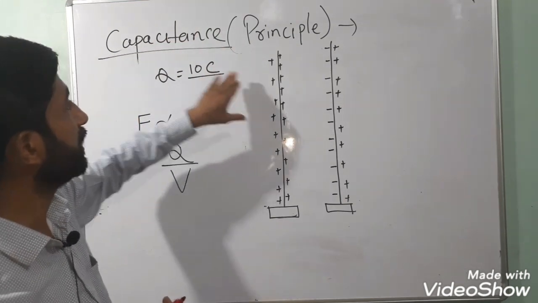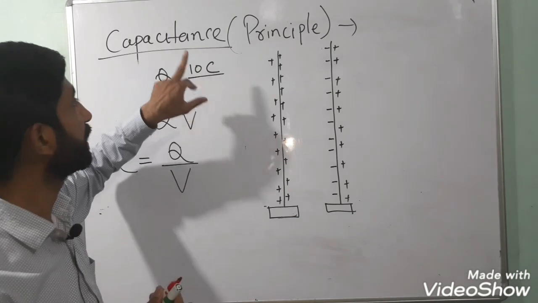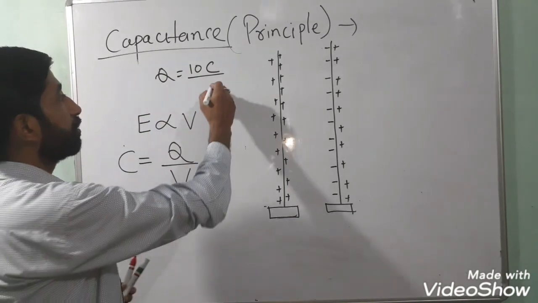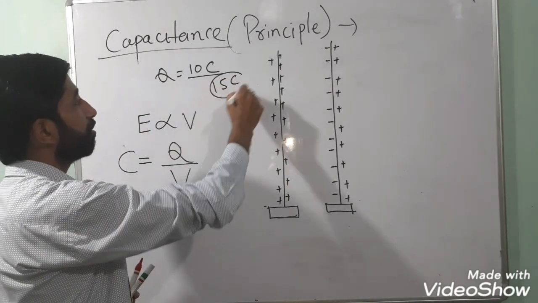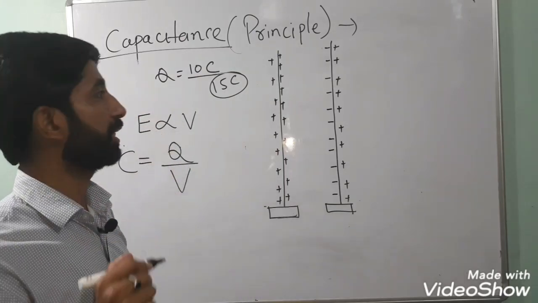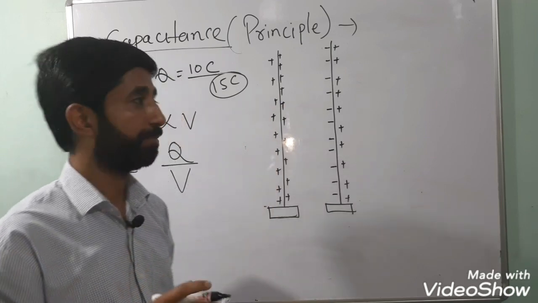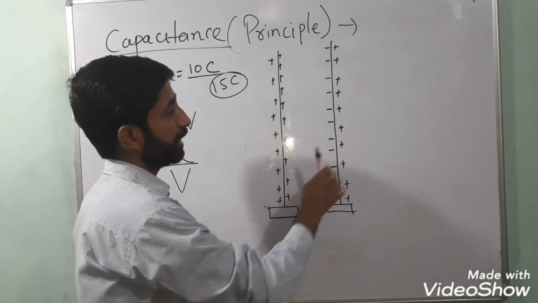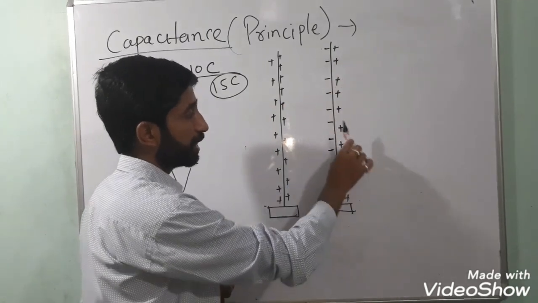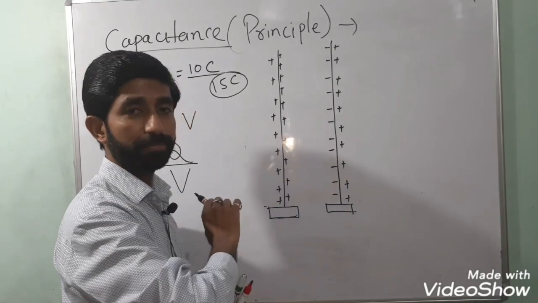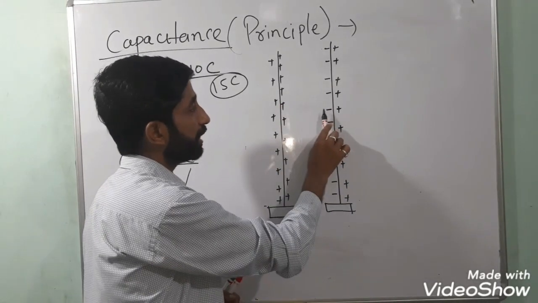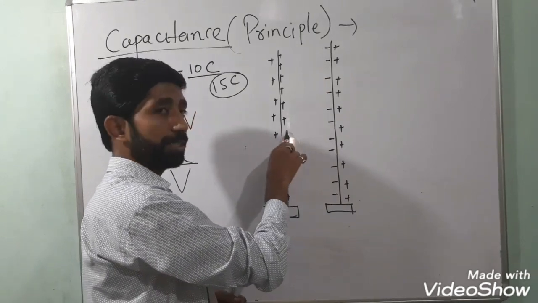Now its capacity is becoming more than 10 coulomb. It can be 12 or 15 coulomb. That's got to be a special case. Now we have one more chance, but simultaneously what happens, that is very interesting. Simultaneously the positive layer tries to increase its potential and the negative layer tries to decrease its potential.